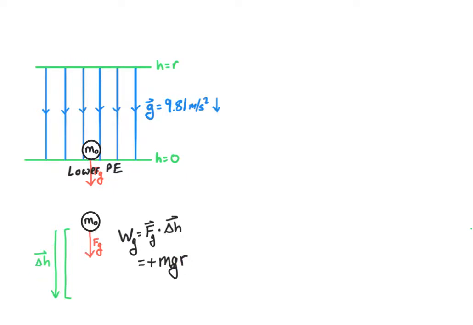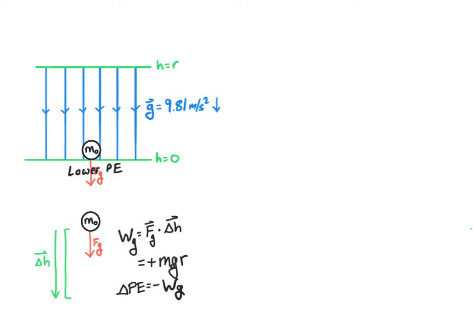Since the gravitational force did positive work on our mass, that means there was a transfer of energy from the gravitational field into the mass. We lost some of the potential energy of our system. So with gravity doing positive work, the potential energy of the system had to go down by the same amount.